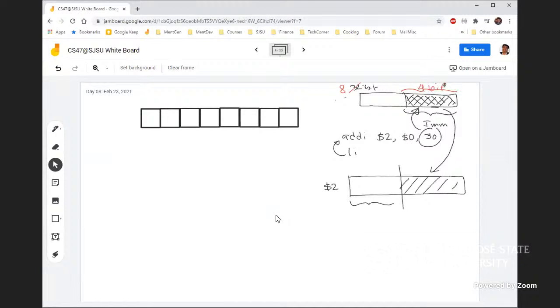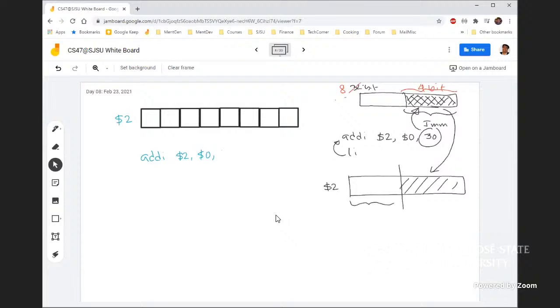So an instruction can embed 4 bits worth of value inside it. Let's say I come up with something like add I $2, $0 with, let's say, 10, or okay, let's use hexadecimal form.